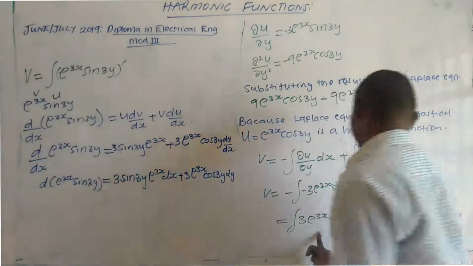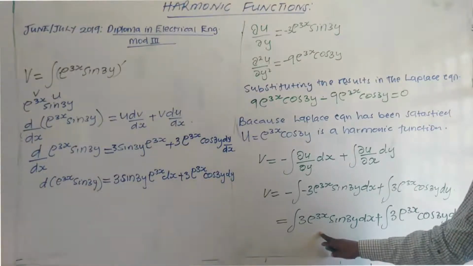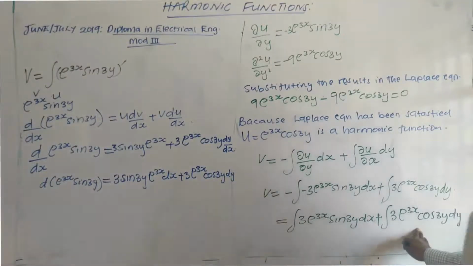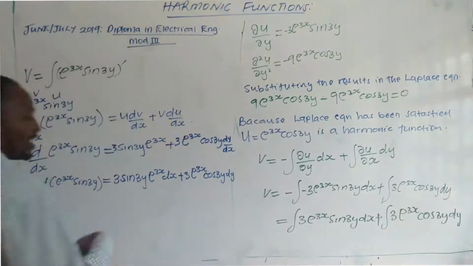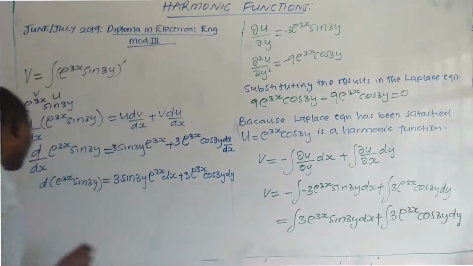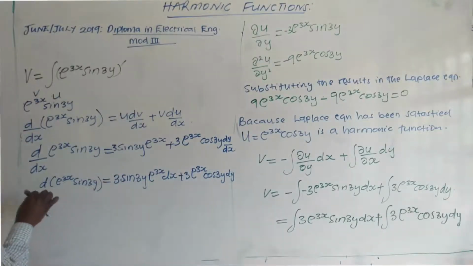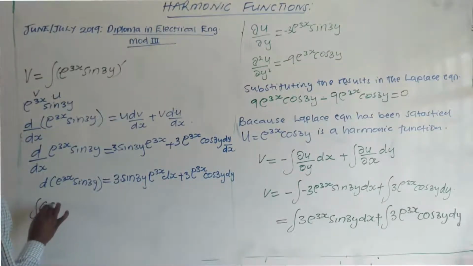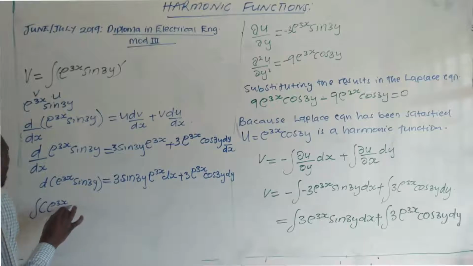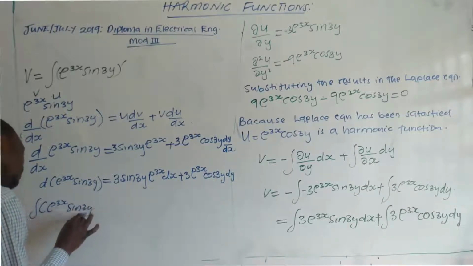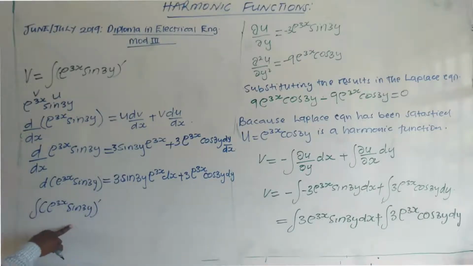You can rearrange it exactly like this, or you can just leave it the way it is. Now let us integrate both sides. The integral of this, you can write as exponential 3x sine 3y with a prime. It means it's a derivative. You are trying to integrate a derivative.